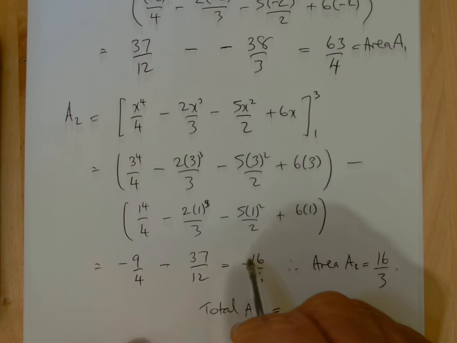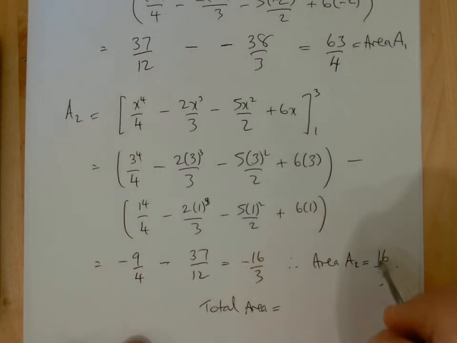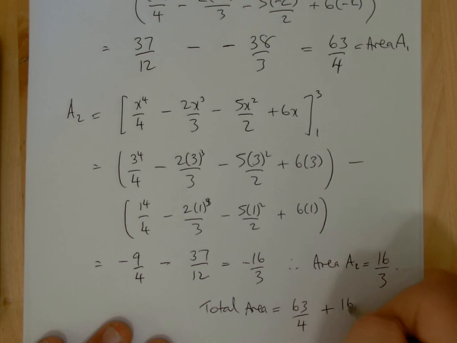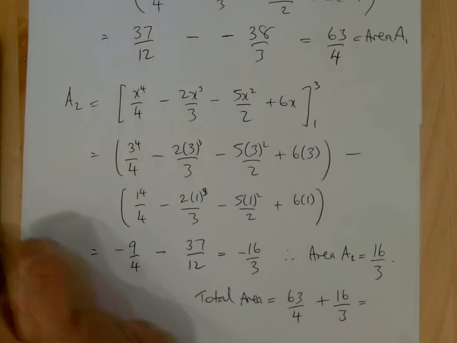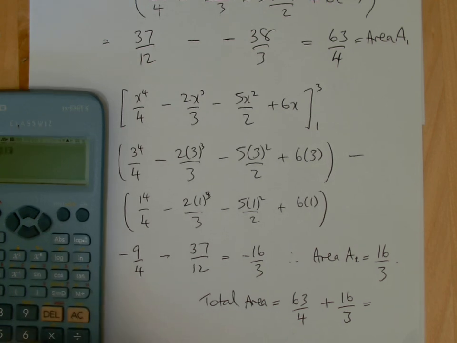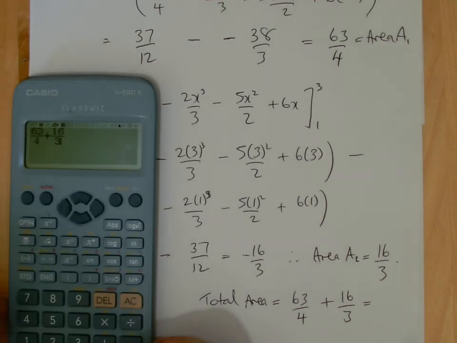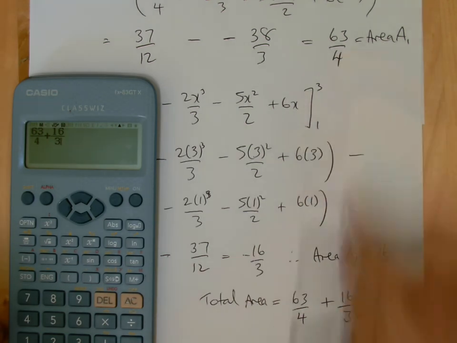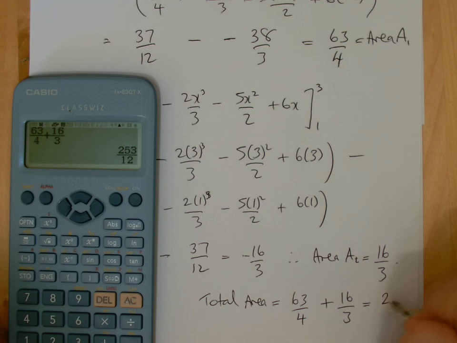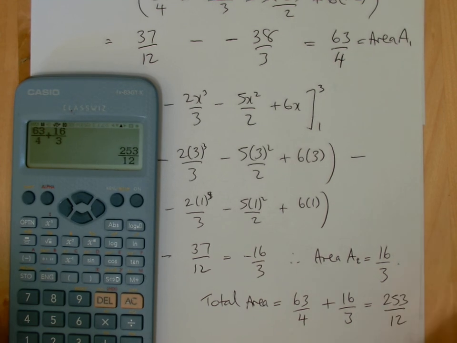When you worked out A2, it came out as negative, you had to make it positive. So then when it comes to working out the total area, we can add those two together and it will work out right. So if I do that on my calculator, 63 over 4 for A1, 16 over 3 for A2, press equals, and I get 253 over 12, and there's my total combined area.